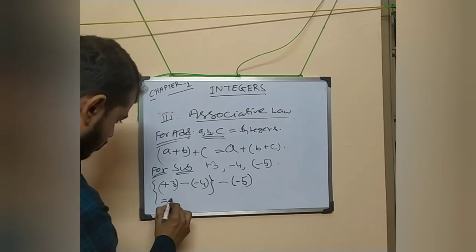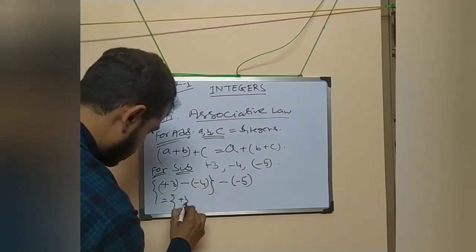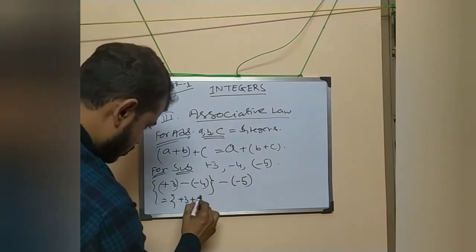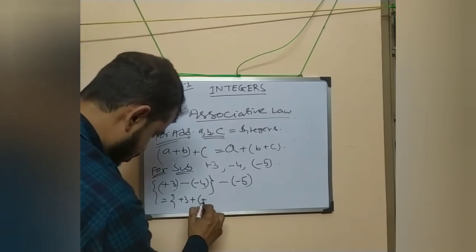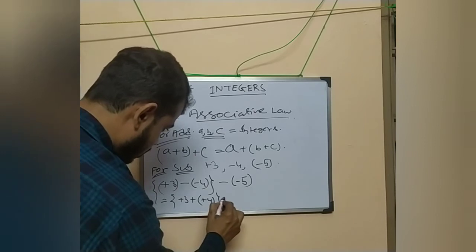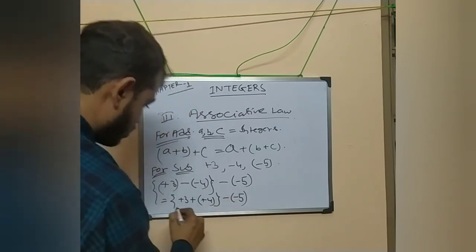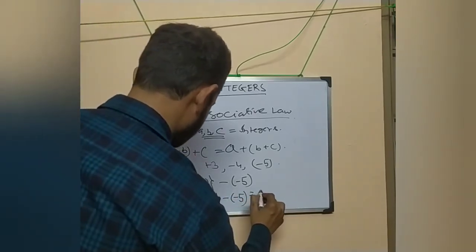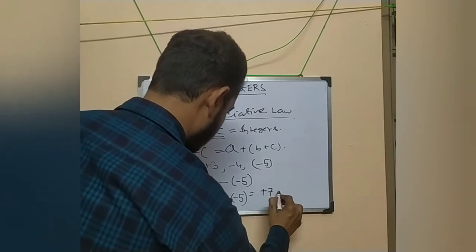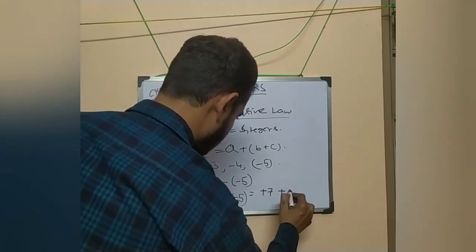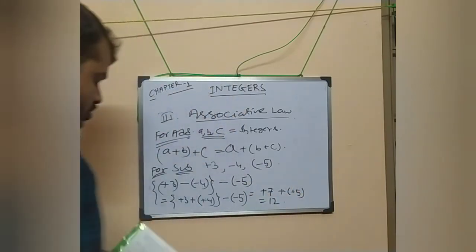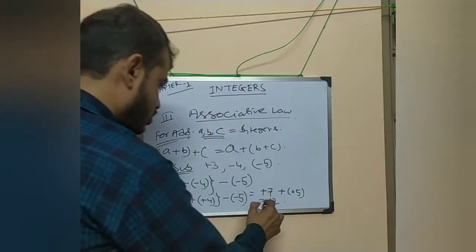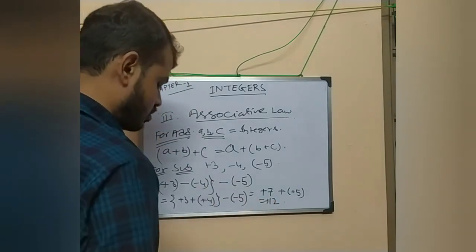For this we have plus 3 plus of plus 4, and this is minus 5. For this we have plus 7 and then plus 5, this is 12.